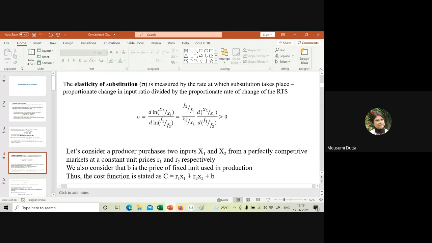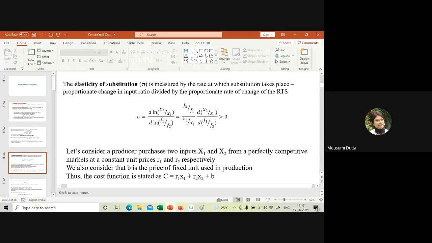That is, it is the proportionate change in the input ratio divided by the proportionate change in the RTS, the rate of technical substitution. So it is d ln x2 by x1 divided by d ln f1 by f2. This can be rewritten in this format. And this is positive. The elasticity of substitution is positive.